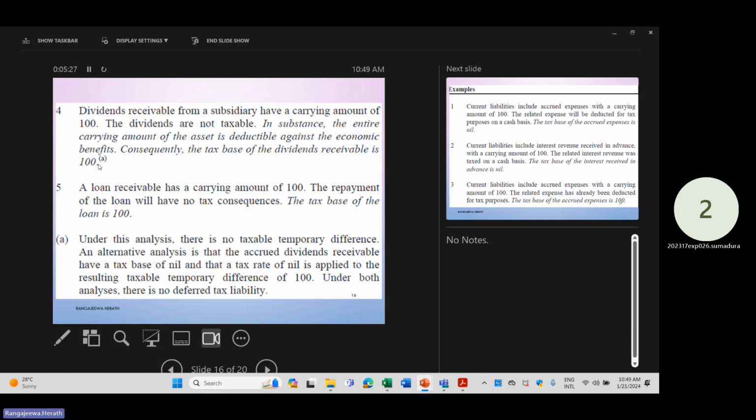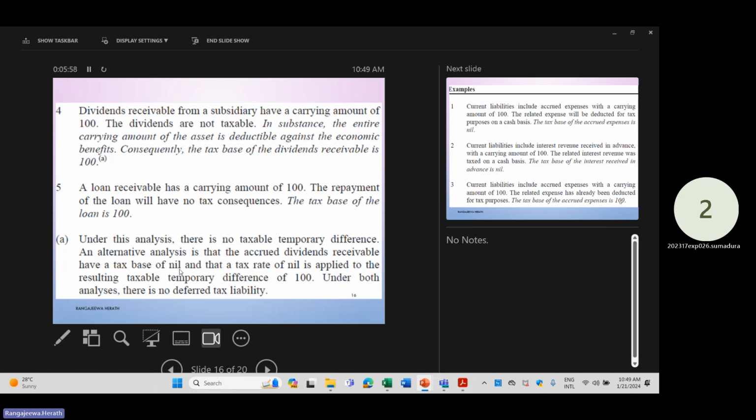You can see here, simple, right? When you take the dividend receivable 100 and tax base also 100, under that analysis, there is no taxable or deductible temporary difference. Or alternatively, you can take the accrued dividend receivable as having a tax base of nil, since the tax double entry has no income credit and no asset debit.